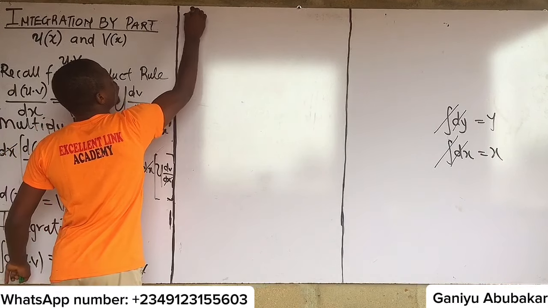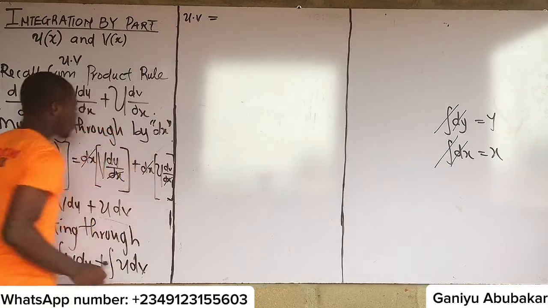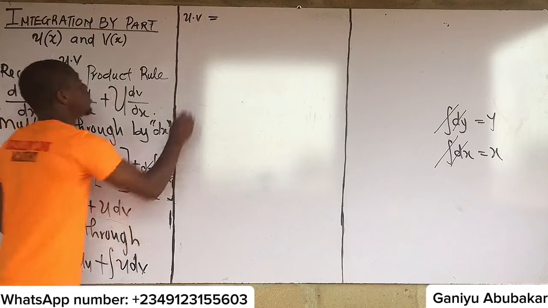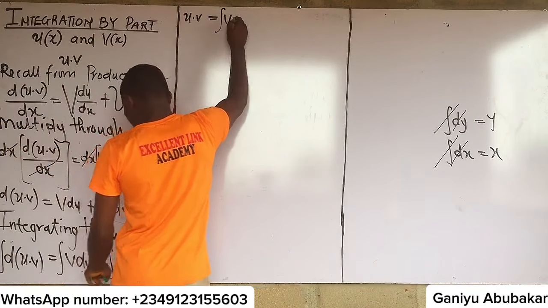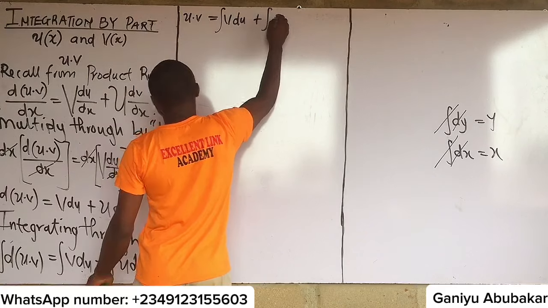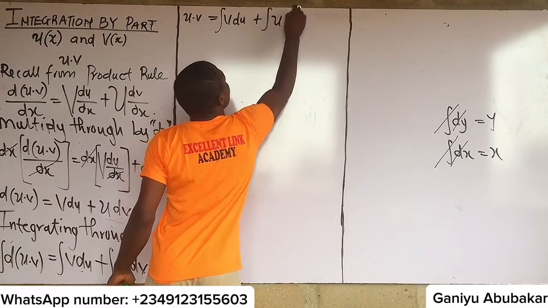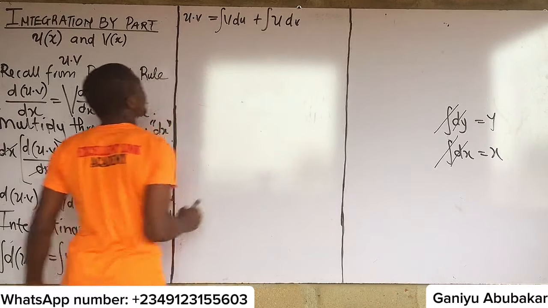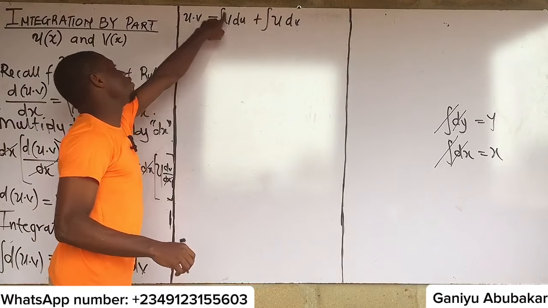I'll have u dot v equal to the integral of v du plus the integral of u dv. At this point, I'll take this one to the left hand side.